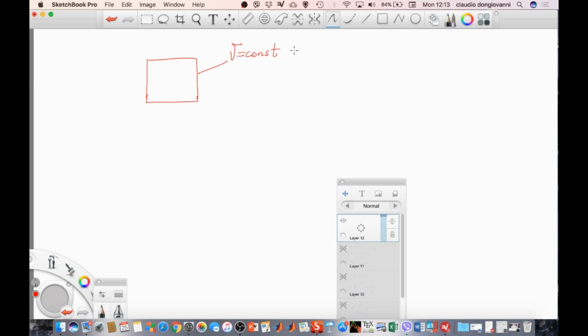In the box, we have the mass. The mass will exchange heat with the surrounding.